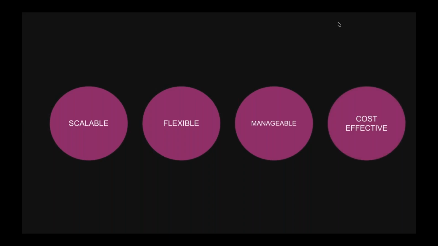The fourth aspect that's really important is that it needs to be cost effective. One of the things, again, that you'll see we talk about is that you really want to make sure that the costs that you're incurring for your data architecture map very closely to your usage of that architecture.